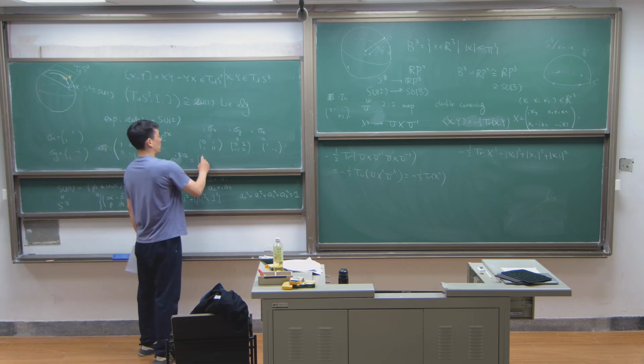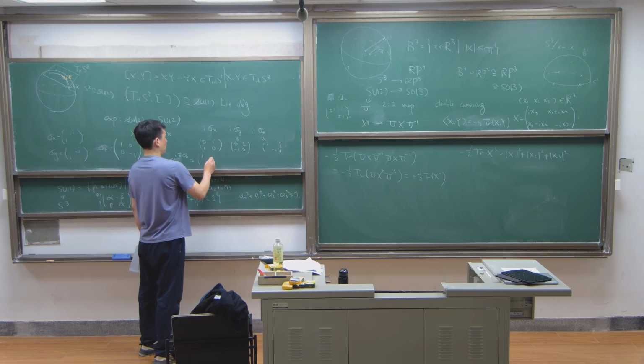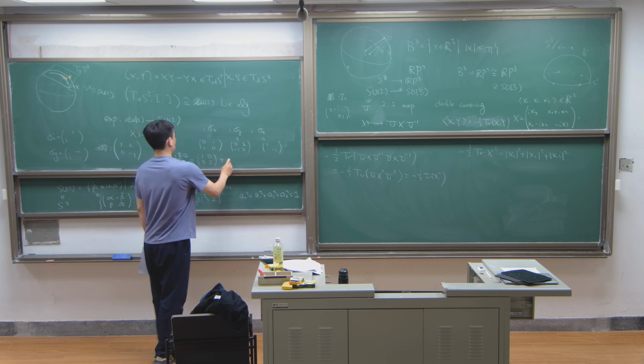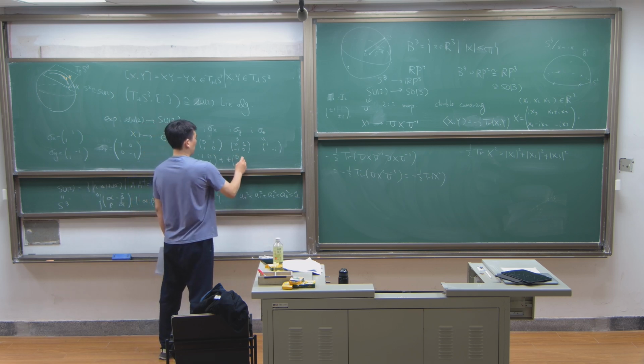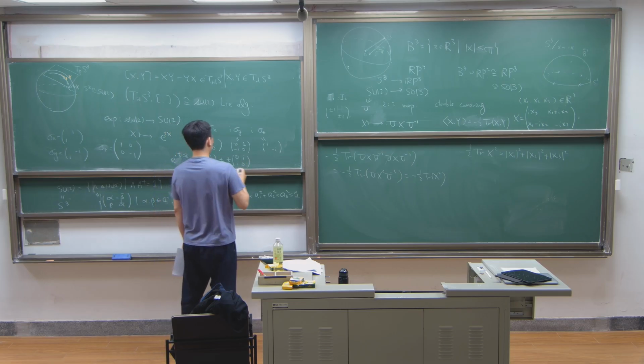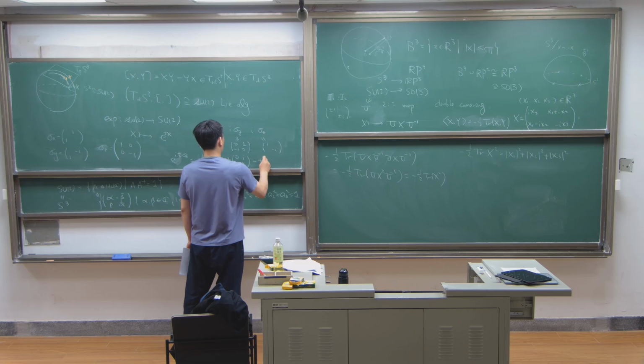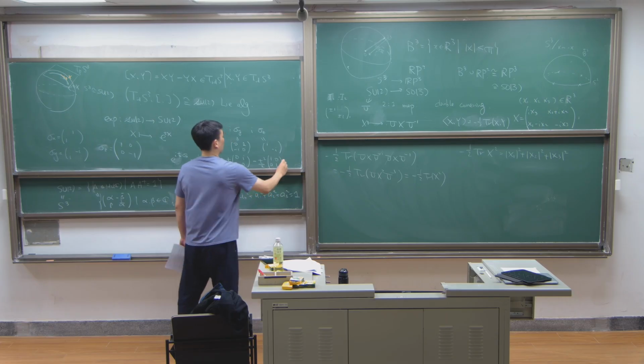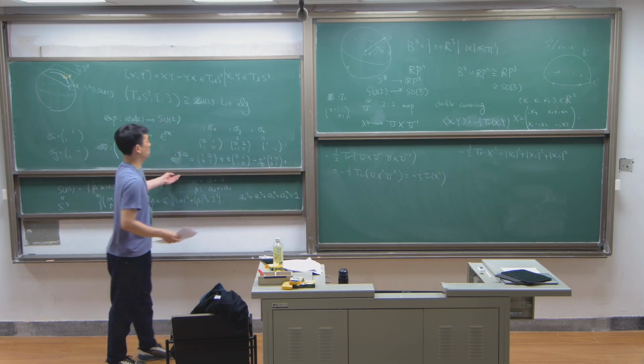This is equal to the identity plus t times the matrix, and so on.